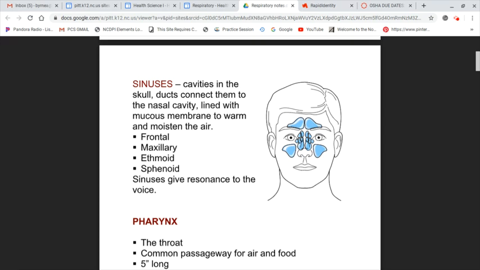When we speak, that resonance of sound sounds different when our sinuses are full of snot or mucus. So when you have a sinus infection or a really bad cold and there's additional mucus in your sinuses, your voice sounds different because it's going through mucus, not a hollow space.